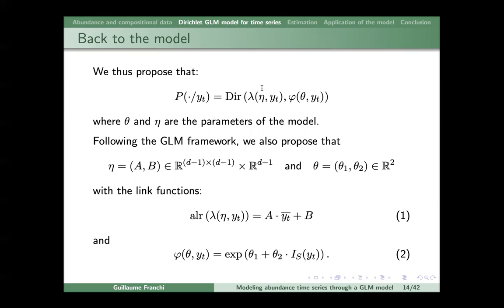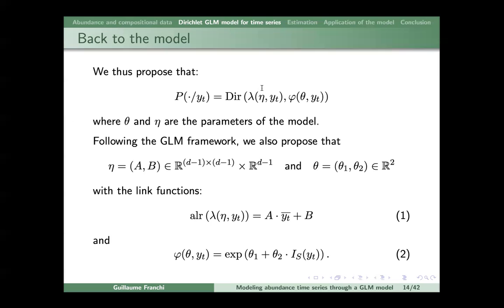Why? Because if I chose yt instead of yt bar, I would have an identifiability problem, because you could choose different matrices A or B and obtain the same result. This problem comes from the sum constraint.